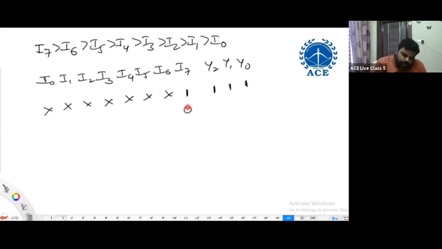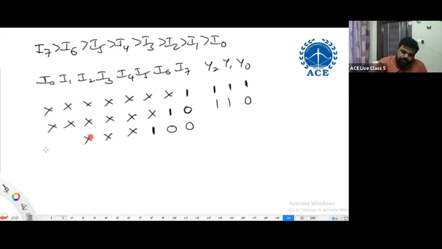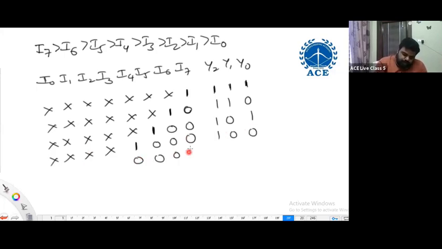When this is 0, the next priority will be given to I6. The remaining can be either zeros or ones. Then priority will be given to I6: 1, 1, 0. When these two are zeros, then priority will be given to I5, and the output is 1, 0, 1. When these three are zeros, the output is 1, 0, 0. When these four are zeros, it is 0, 1, 1.